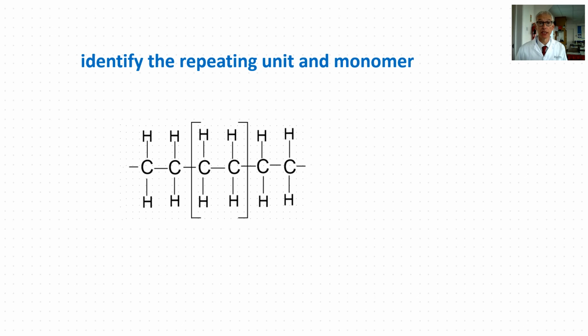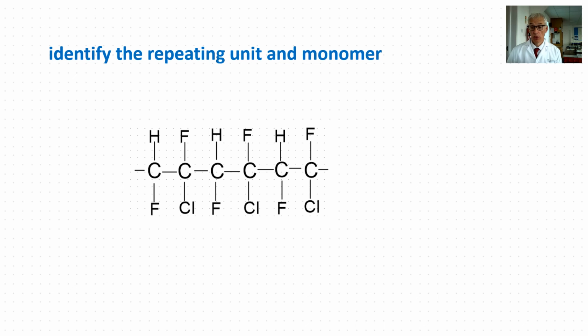So that's my repeating unit, from which I deduce the monomer. Of course, the monomer must have a double bond. So we lose the 2 bonds that extend beyond the square bracket, and they become the second of the covalent bonds within the carbon-carbon double bond. So there is our monomer from the polymer repeating unit.